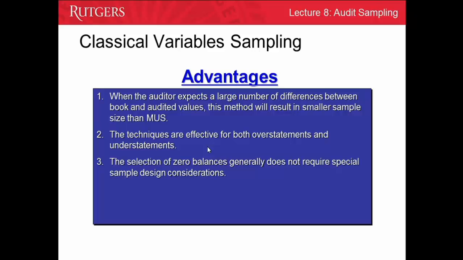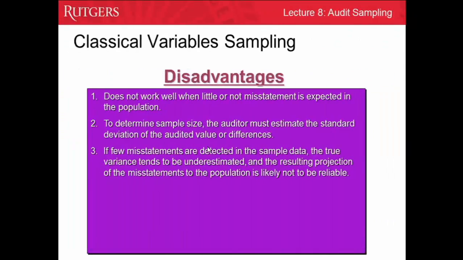No special evaluation considerations are necessary if the sample data include both types of misstatements. Third, the selection of zero balances generally doesn't require special sample design considerations because the sampling unit will not be an individual dollar but rather a customer account, a transaction, or a line item.